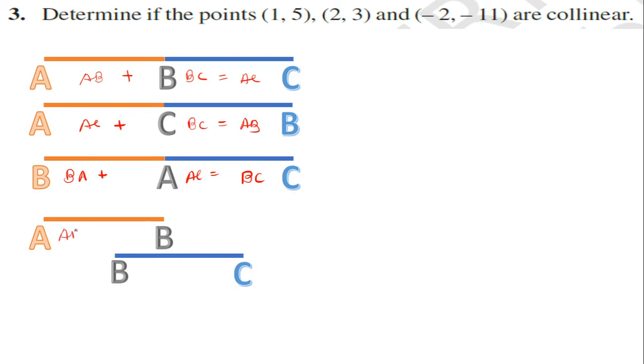So it's called a non-collinear point. See, the first one is collinear, the second one is collinear, the third one is also collinear, but the fourth one is not a collinear point.